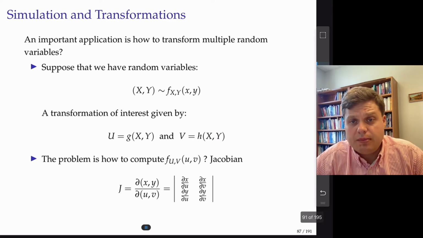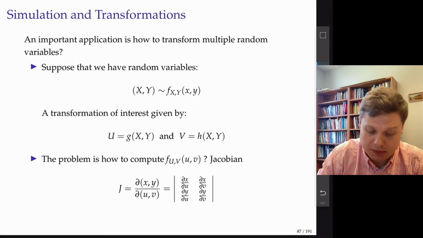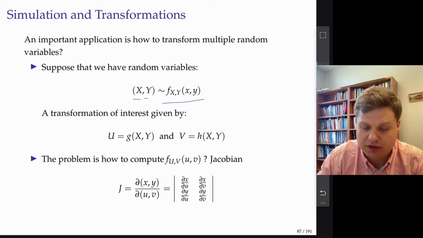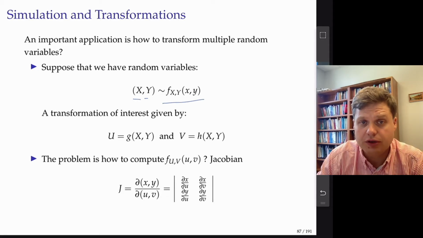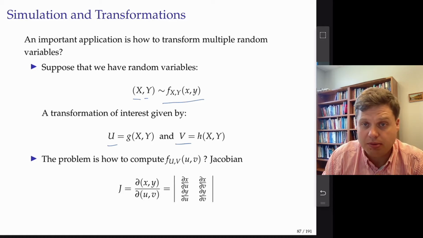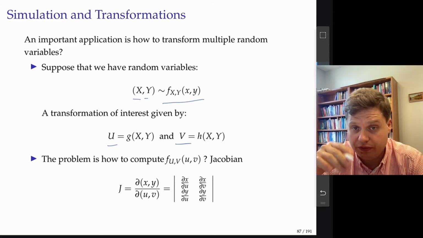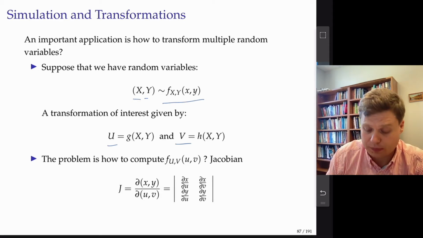And the same applies to multivariate cases. So let's say we have a multivariate, bivariate distribution. In this example, we have two random variables, x and y, and we have a density function for x and y. And then we have a transform. So x and y get transformed to u and v. And then the density function for u and v is calculated using the Jacobian.